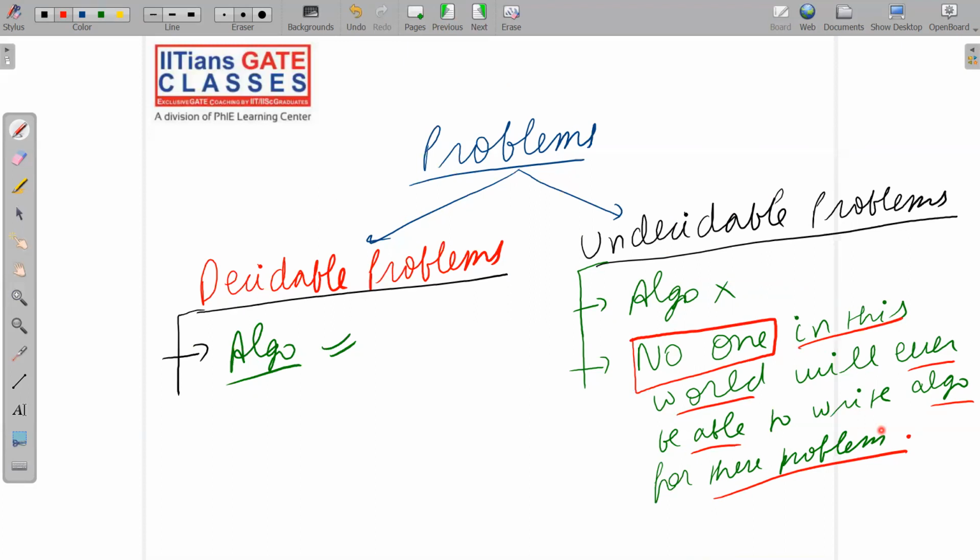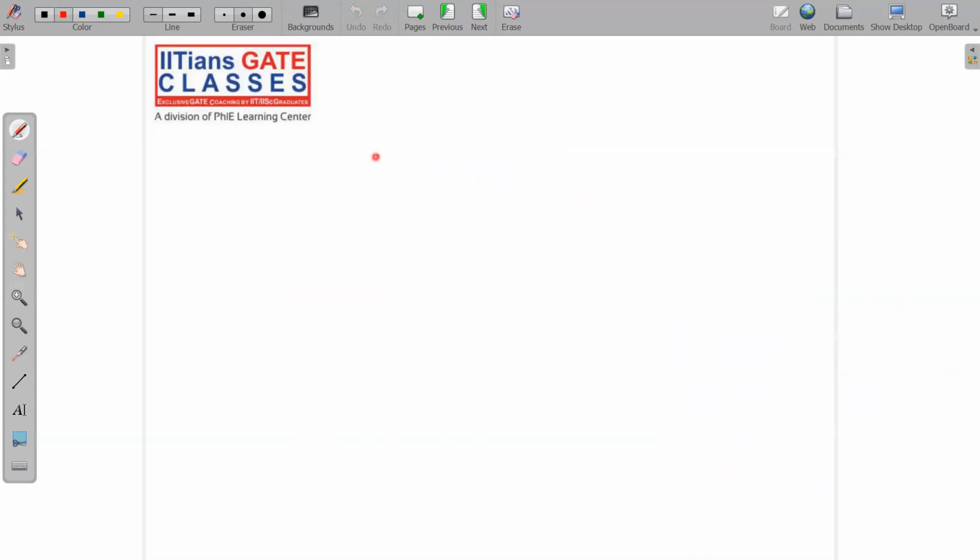Next question which will come to our mind, note it down fast. We have studied lots and lots of decidable problems, and undecidable problems we haven't studied or heard of till now.